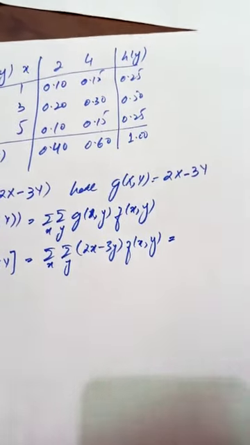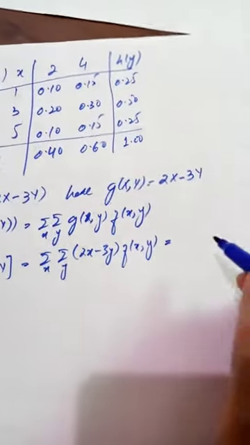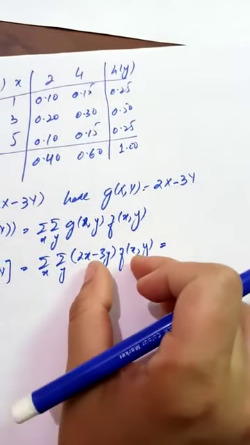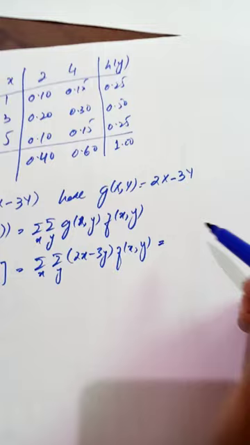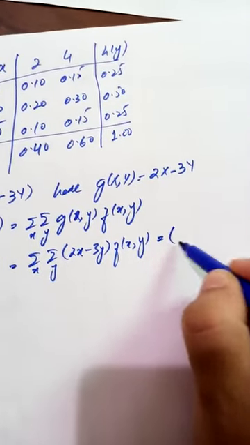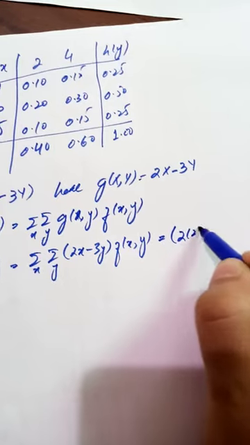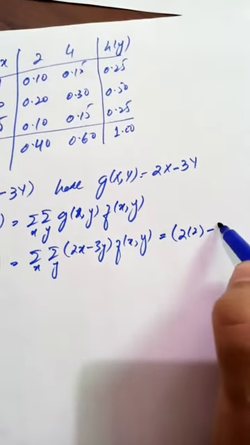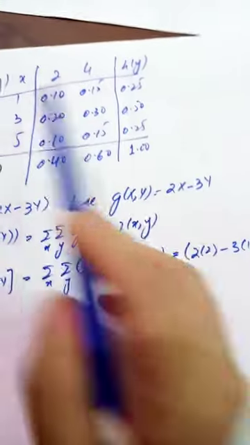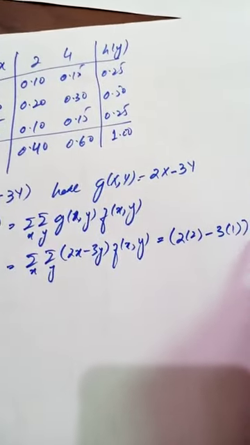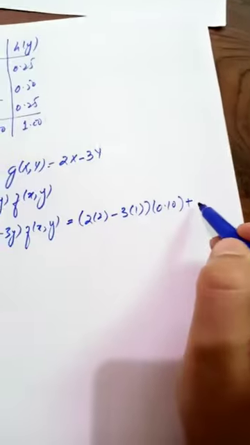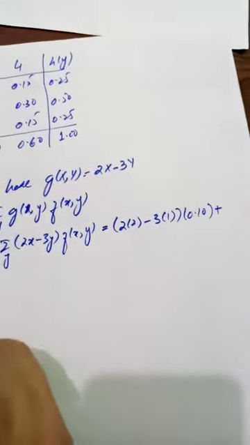So first is when x is 2 and y is 1. We have to compute this for each and every pair and then add them. So when x is 2 and y is 1, I have 2 into 2 minus 3 into 1, and the probability here is 0.10. We have a summation, so we write plus.